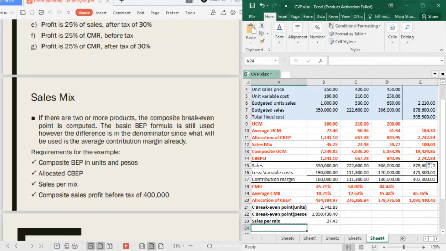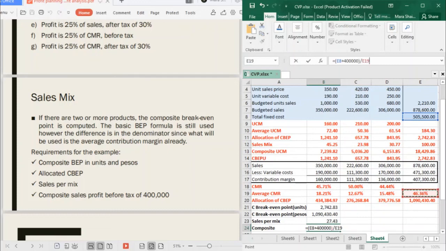So, again, let's try here. What we are looking for is our composite sales. It is your fixed cost plus your profit, which is stated as 400, divided by your average CMR, which we got earlier.